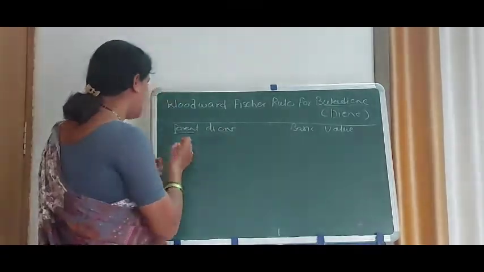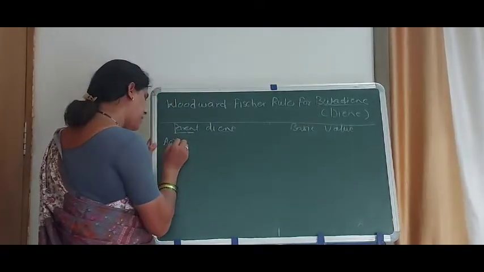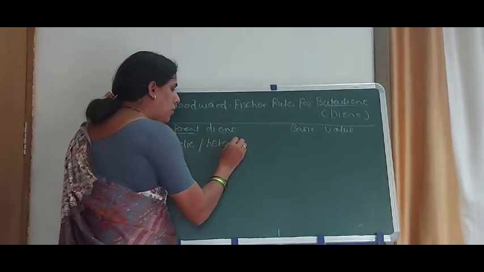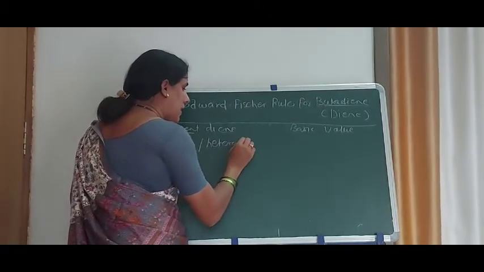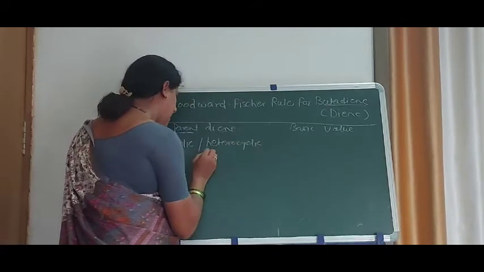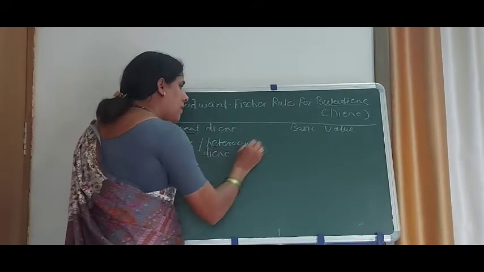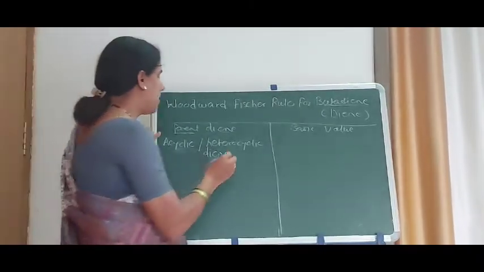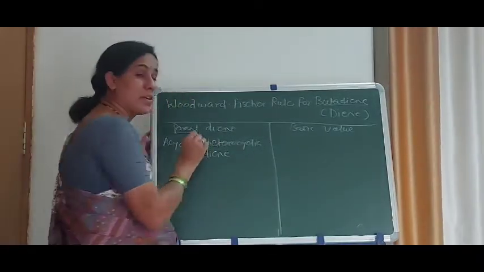In acyclic or heteroannular diene, the basic parent value is... that is, heterocyclic or acyclic means what?